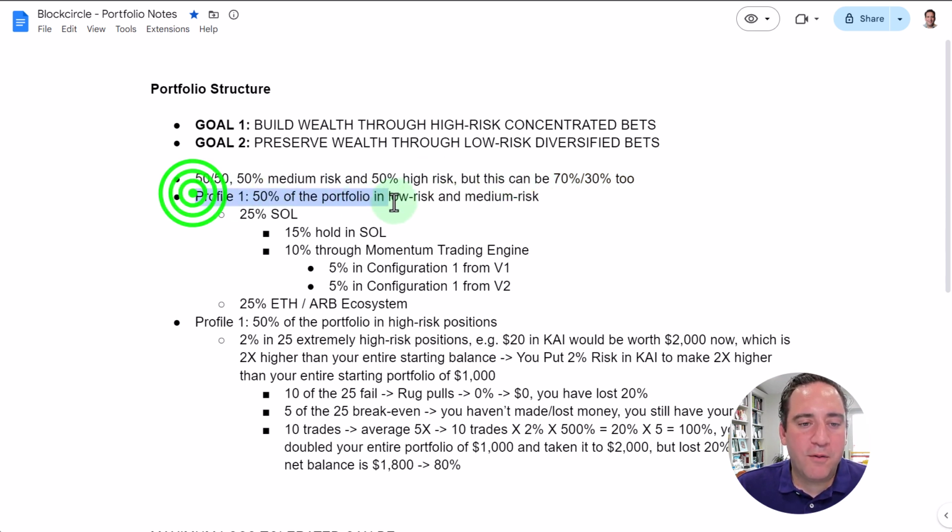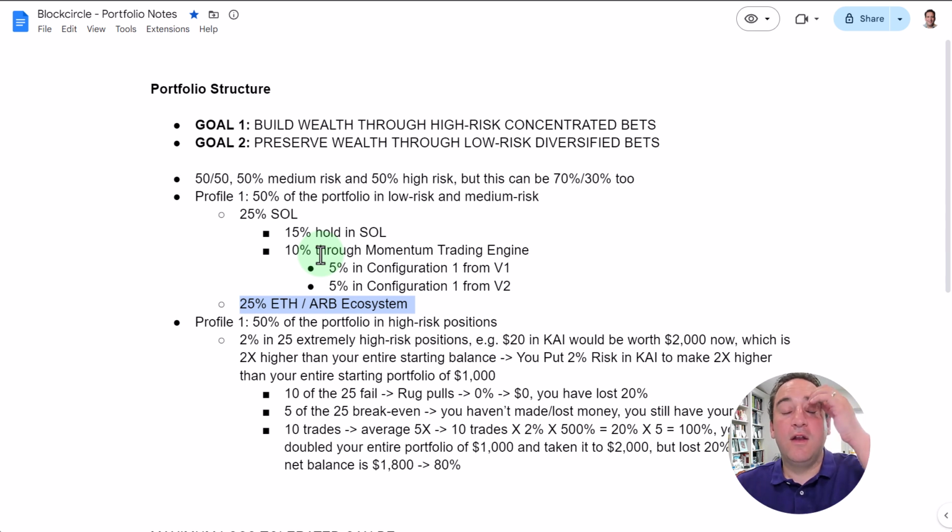So profile one, let's say that 50% is low to medium risk. How do you break that out? 25% can be in Sol and 25% can be in the Ethereum Arbitrum ecosystem. So that includes ETH, it includes ARB and ARB coins, just some exposure to those sectors, and having 50% into that.